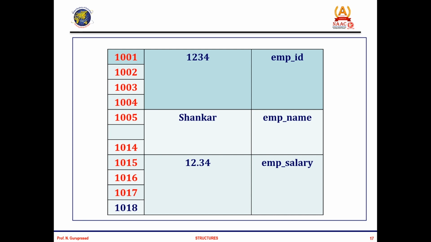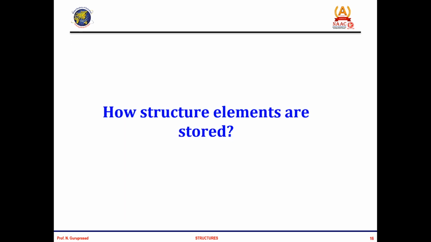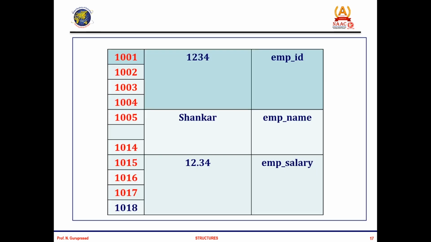Now, what you actually mean by structure elements being stored in one continuous memory location is, first, the details of the first employee are stored. That is what you see on your screen. First, you have the ID, followed by the name, and followed by the salary. So all the details of the first employee are stored.